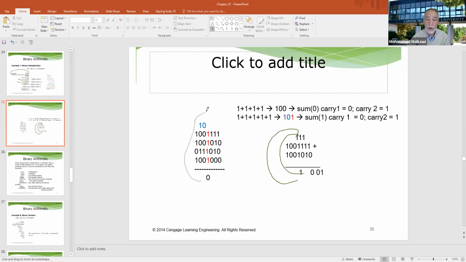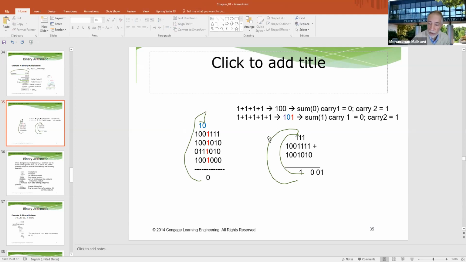So we said to avoid these 2 carries, instead of adding 4 partial products, I add 2 partial products, and with 2 partial products, the maximum number of carries is going to be 1 carry into the next stage. That makes the life of our adder simpler.